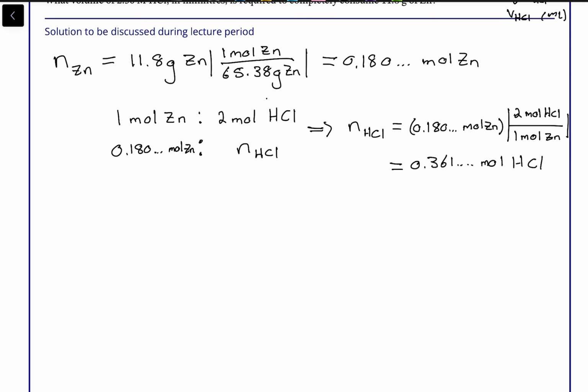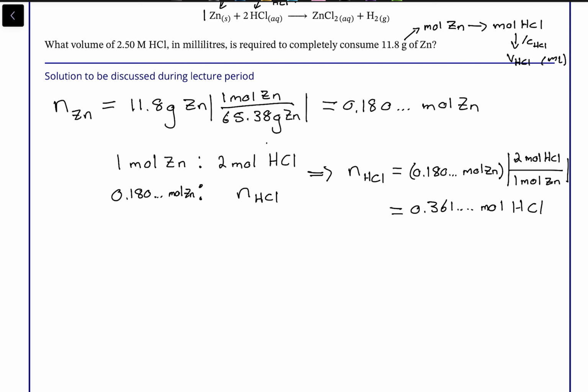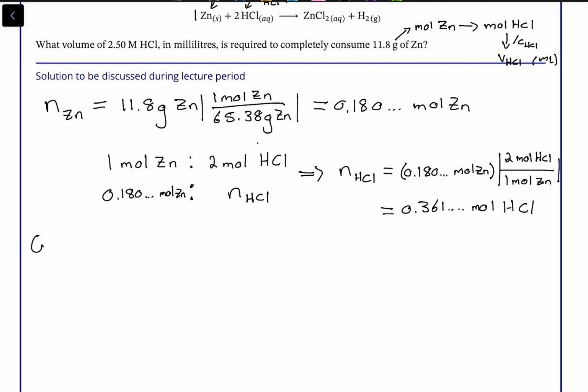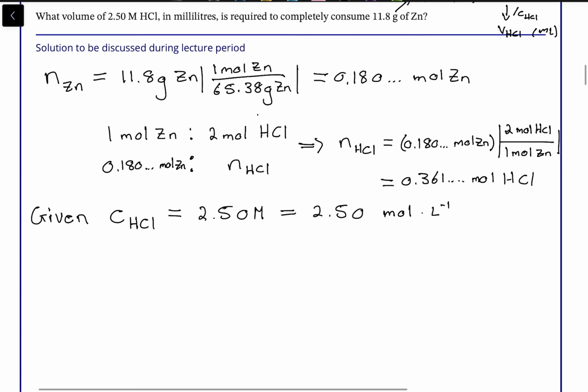All right, so now we have the mole hydrochloric acid. What do we also have? We're given the concentration of HCl as 2.50 molar, and we recall that that means it's 2.50 mole per liter. So you can see, if we take the inverse of that, in other words, divide the number of mole of HCl by this concentration, we would get the quantity in liter.